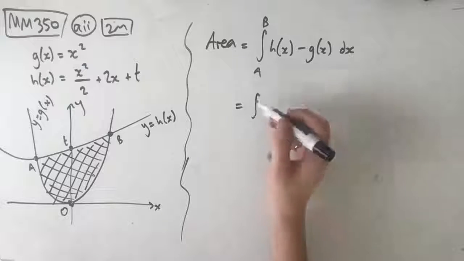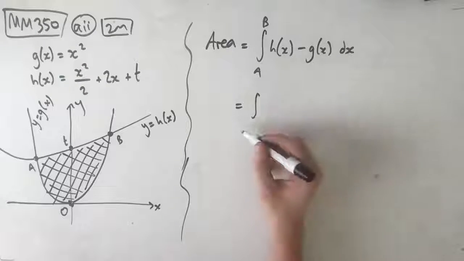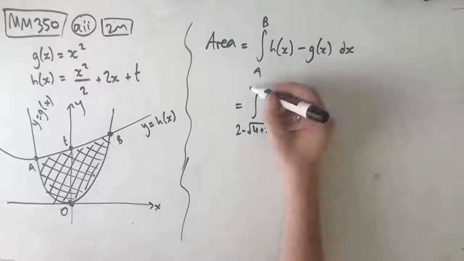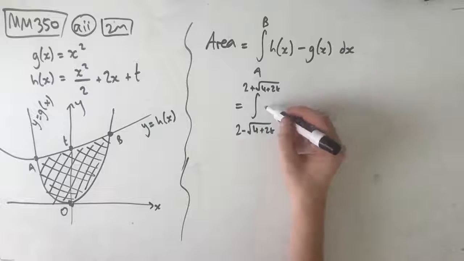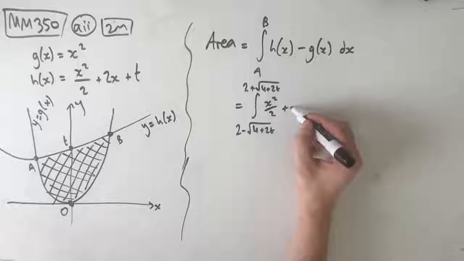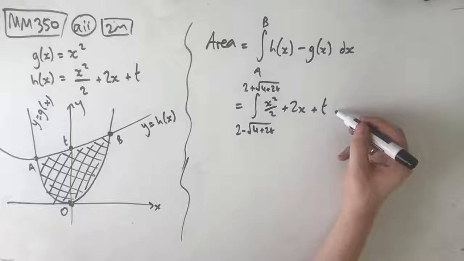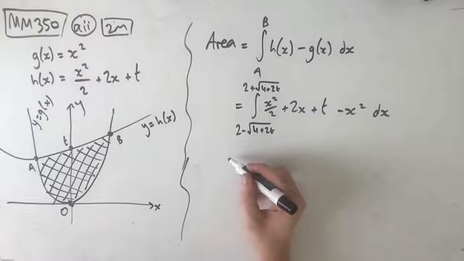Awesome. Now our x values are 2 minus root 4 plus 2t, and then 2 plus root 4 plus 2t. h of x is equal to x squared on 2 plus 2x plus t, and then we're minusing our g of x, which is x squared, so minus x squared dx.